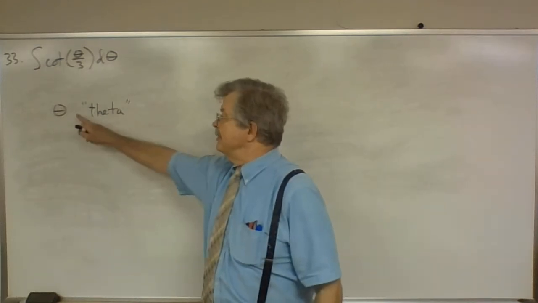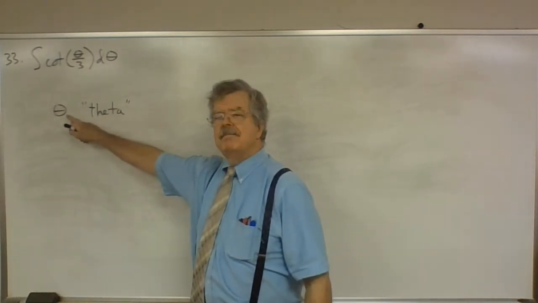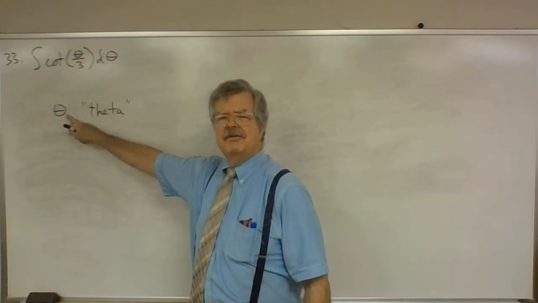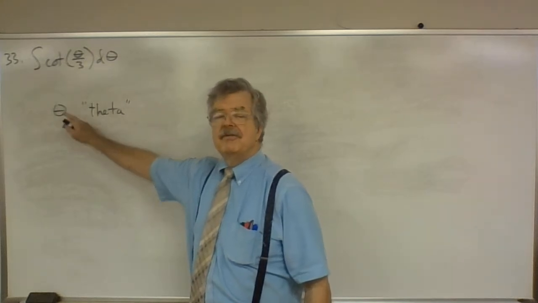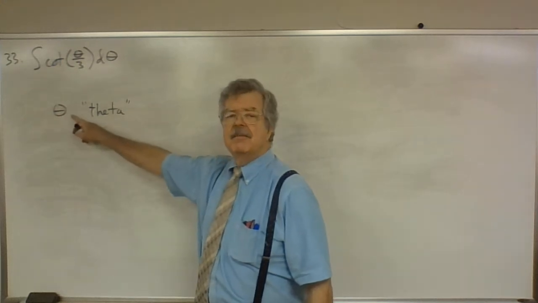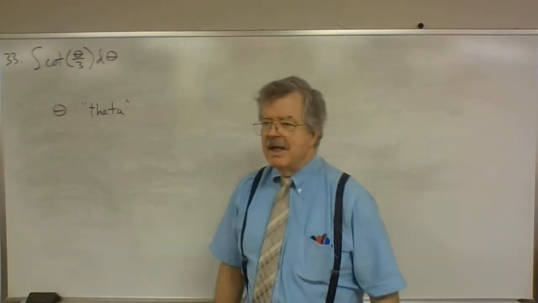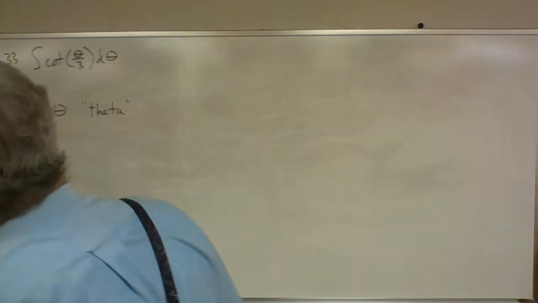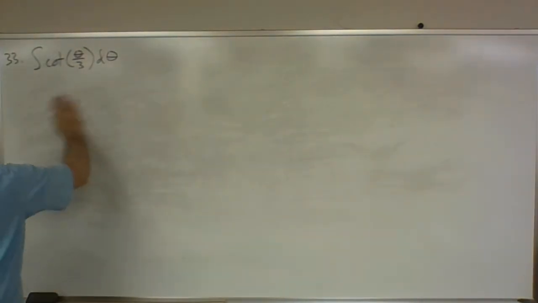Pretty much by convention, theta is used to represent the measure of an angle. So we're going to see theta in trigonometric functions. Now, having said that, let's get on with our exercise.